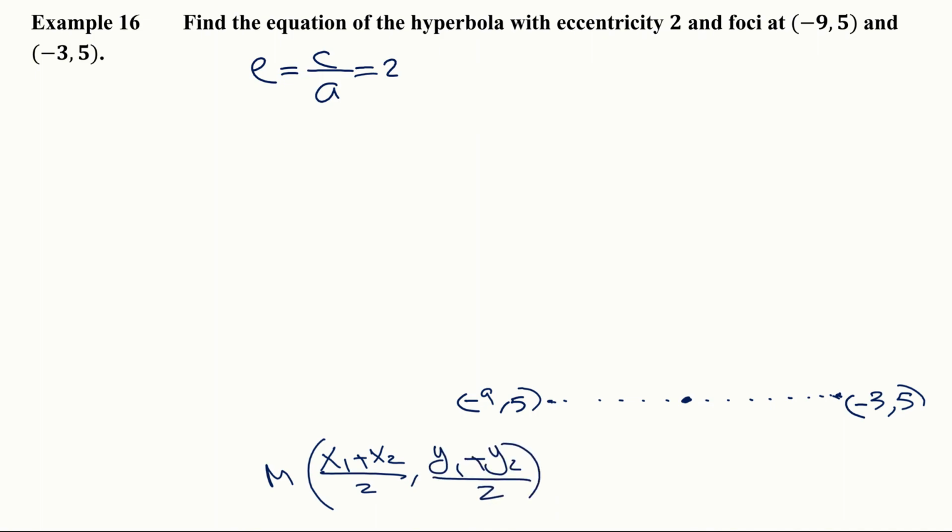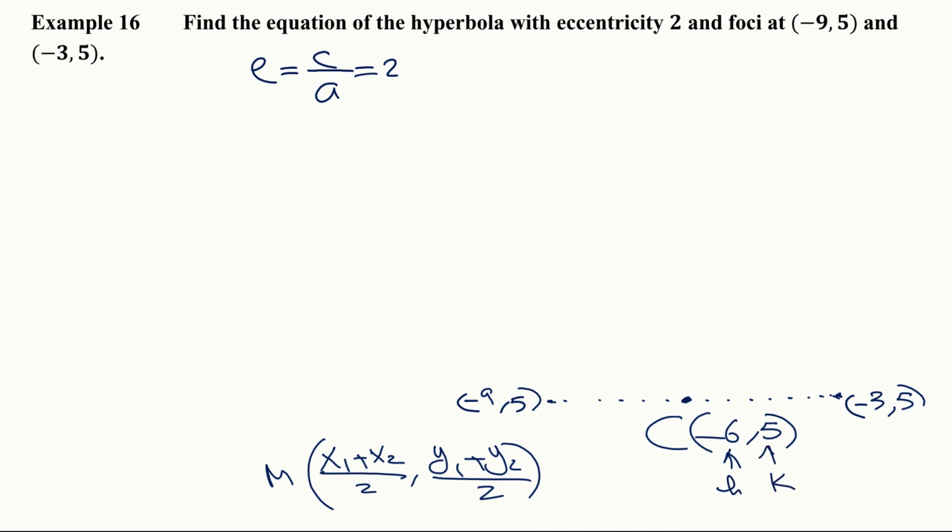This is from quite a bit earlier in the semester, but that means the center here is going to be at basically the average of -9 and -3, that's -12 over 2, so -6. And of course 5 plus 5 over 2 is just 5. So there's the center, which means that's h and that's k.